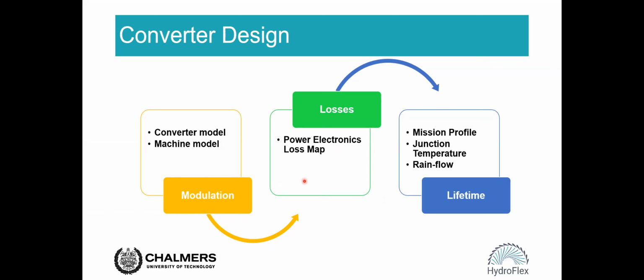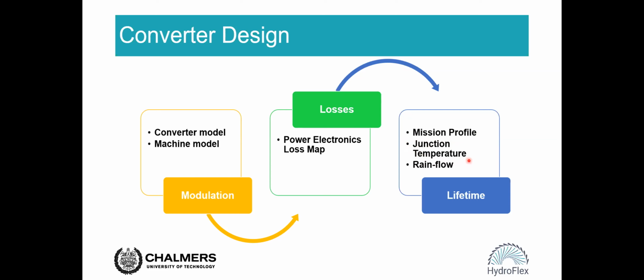And from the power electronics loss map, if we apply the mission profile, which we can get from workpack 2, then we can get the junction temperature inside the power converter.